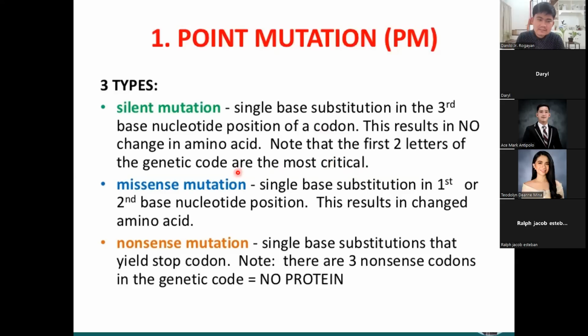Note that the first 2 letters of the genetic code are the most critical. Missense, single base substitution in the first or second base nucleotide position, results in a changed amino acid. Nonsense, single base substitution that yields a stop codon. There are 3 nonsense codons in the genetic code, equivalent to no protein. Therefore, that is silent mutation.